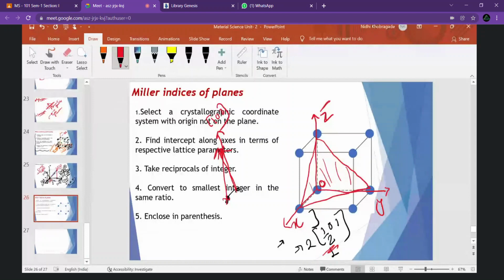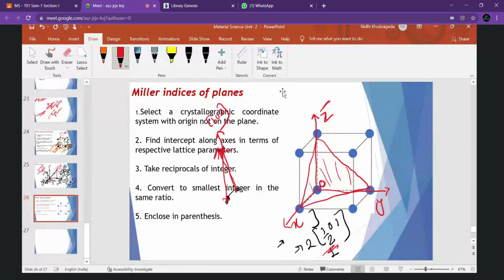So for measuring the intercept, the second thing is that we have to find the intercept along the axis in terms of their respective lattice parameters. Lattice parameters means their respective vectors, either on the A, B, or C vectors, right? Like their edges. So we have to find the intercept along the x-axis, along the y-axis, and along the z-axis.